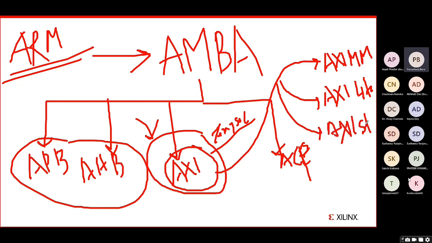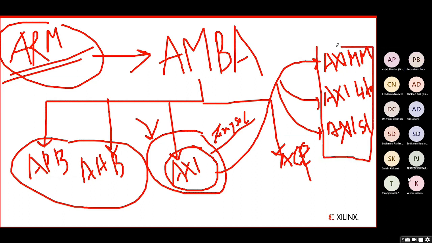Different requirements need different protocols. But the main thing is to communicate with the AMBA bus. All the IPs that we make ourselves, or the hardware system that we make, should be of any of these three protocols.